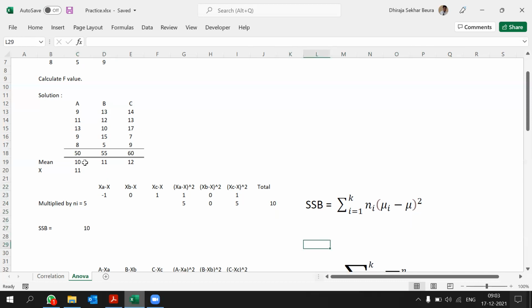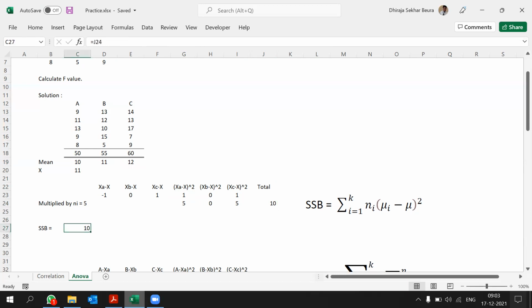So you calculate the mean first, then an overall mean of all the means together. Then we calculate the difference of each of those means from the overall mean, calculate the squares of it, and multiply by Ni, the number of items, into each of those squared differences. That comes to 5, 0, 5. The total of it, that is 10, is your SSB.